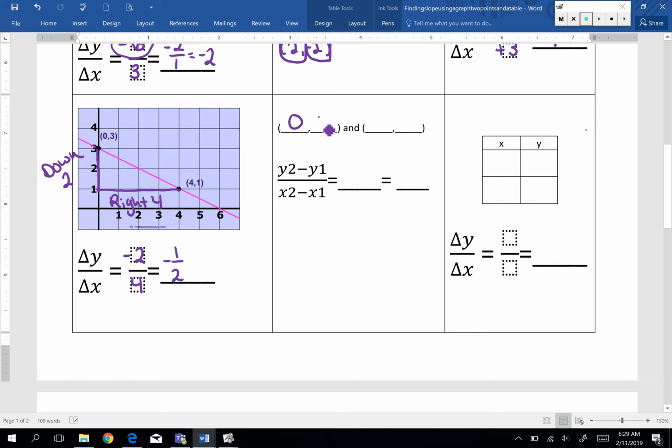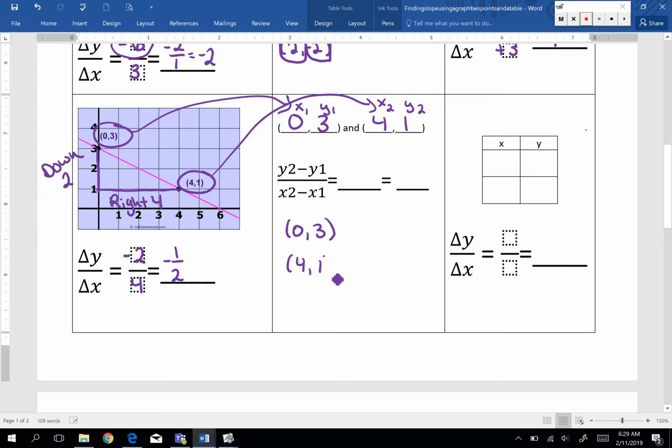I once again grab the ordered pairs from my graph, so 0, 3, and 4, 1. Label them with X's and Y's. You also have that option to stack them if you want. I think that helps really see the Y's versus the X's.